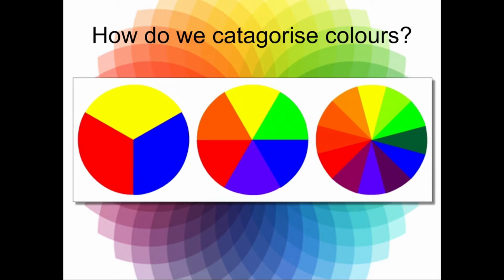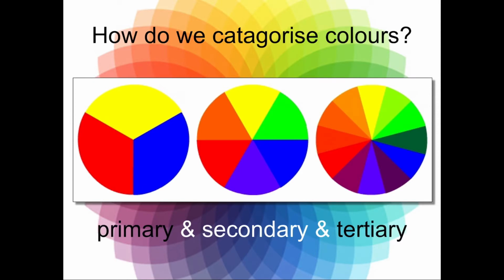We don't have a direct name for it, but those are the colours and the mixtures in between, and those are the tertiary colours, as in the third stage. And a tertiary colour is made from a combination of a primary colour and a secondary colour. That makes a tertiary colour.